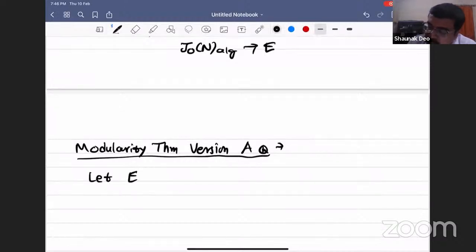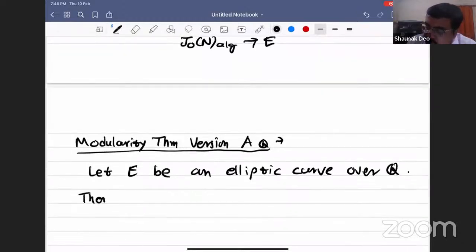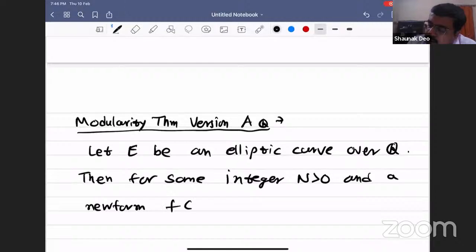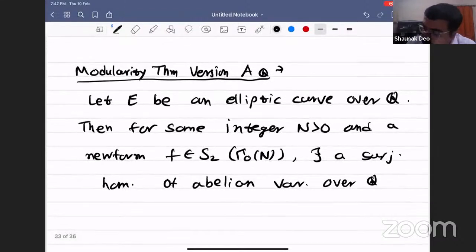Again, let E be an elliptic curve over Q. Then for some integer n greater than 0 and a newform f belonging to weight 2 and level Gamma_0(n), there exists again a surjective homomorphism of abelian varieties over Q. This goes from A_f, again with alg there to emphasize that we are over Q here, to E.